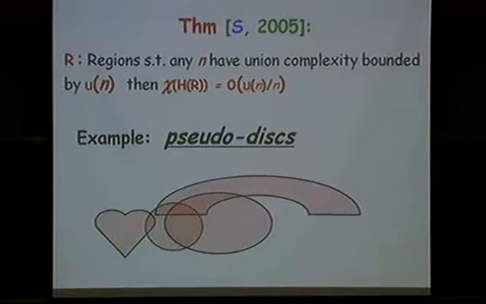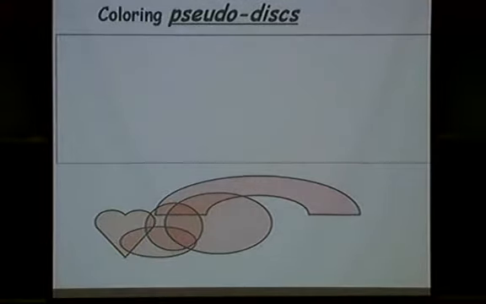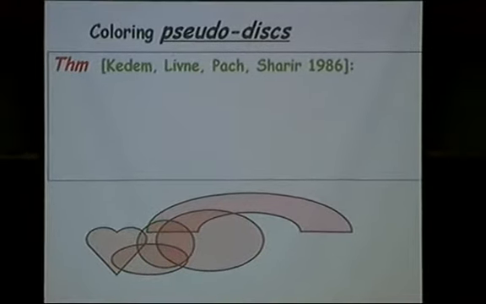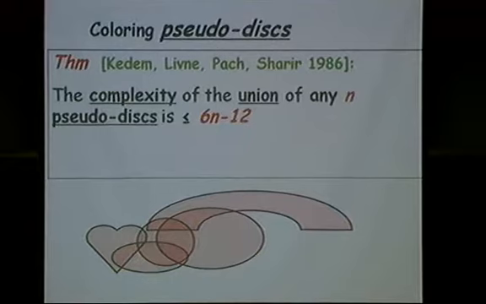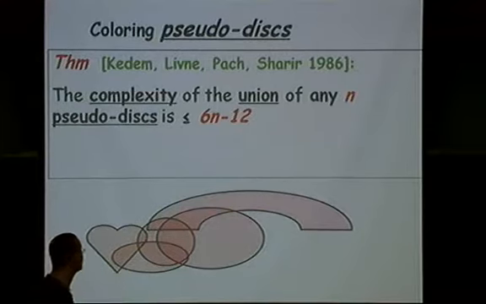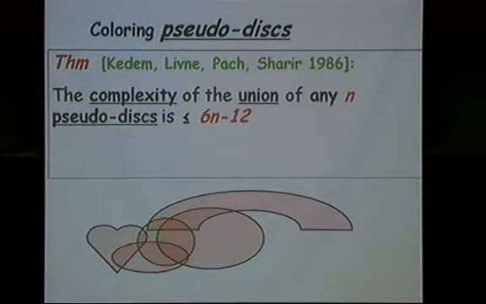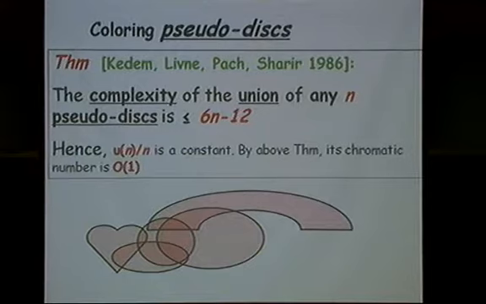Here is a nice result of Kedem et al. that says that the union complexity of any n pseudodisks, which don't even have to be convex, is at most 6n minus 12. So u of n is 6n minus 12, and u of n over n is a constant. By the result I stated before, the chromatic number of this hypergraph is constant.